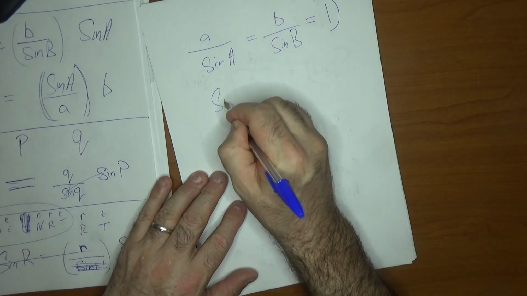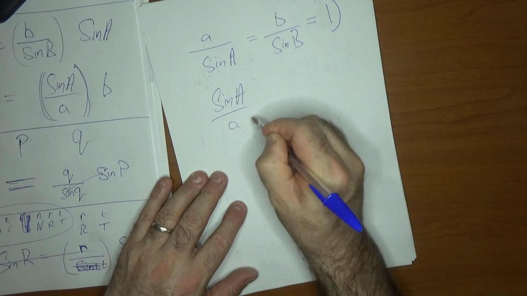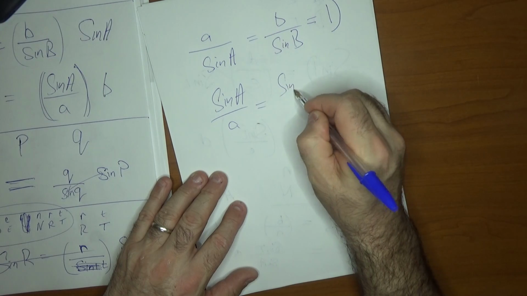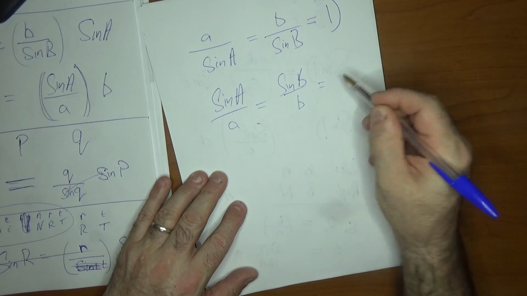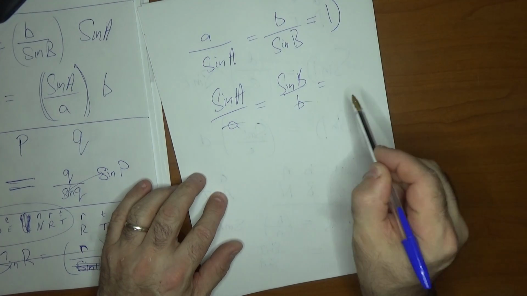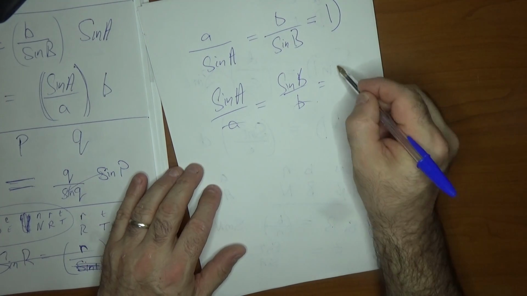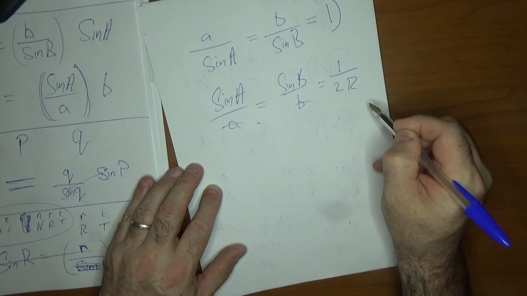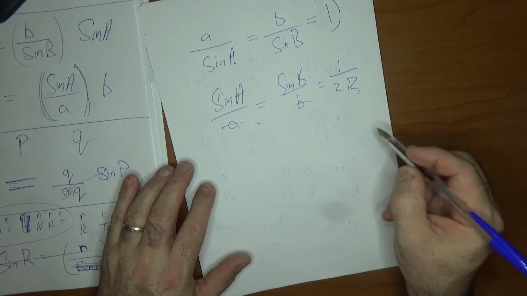Now, how would you avoid the error of saying that it equals D, or 2R, and what you would do is, well, these are the distances at the bottom. So if that's true, then this is 1 over twice the radius of the circumcircle.